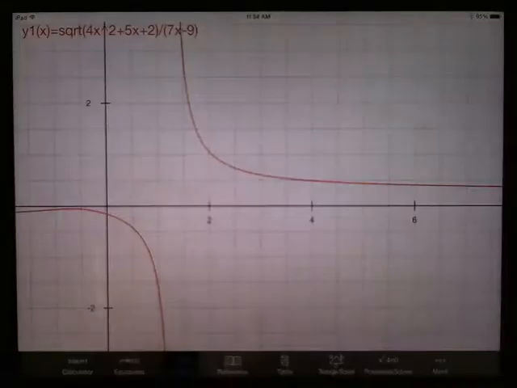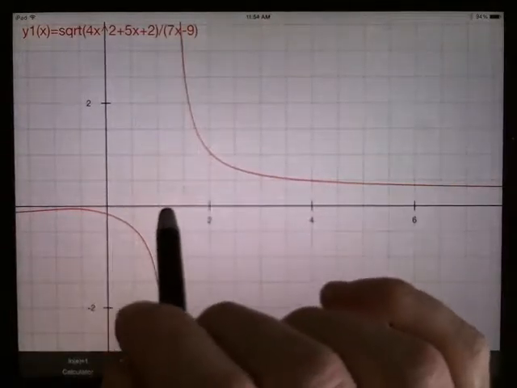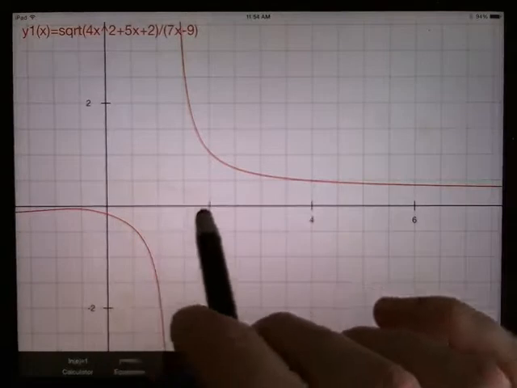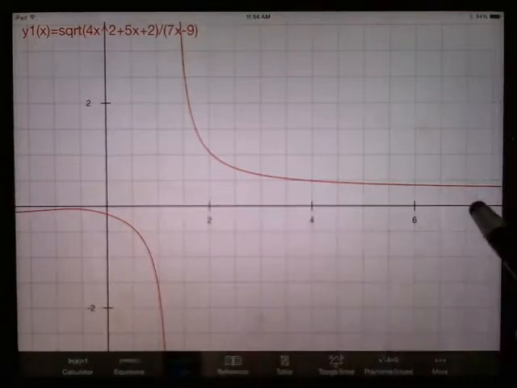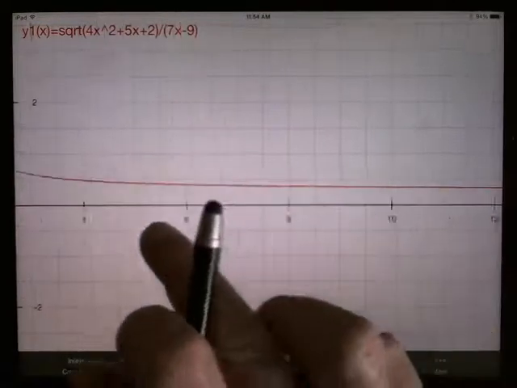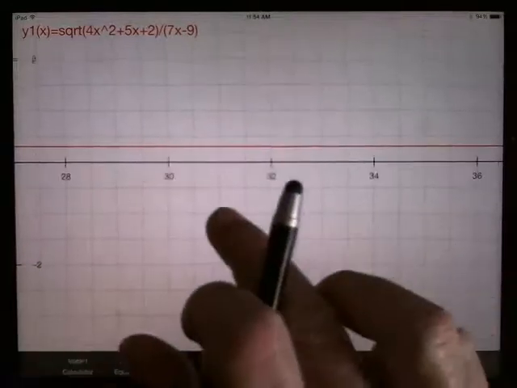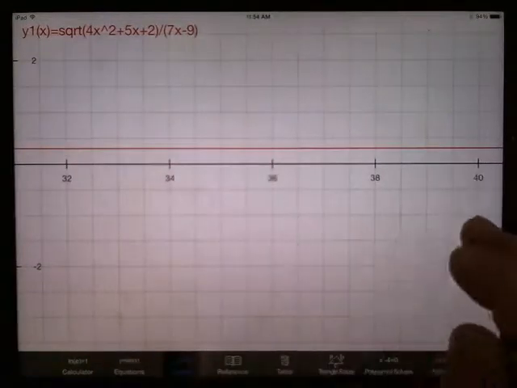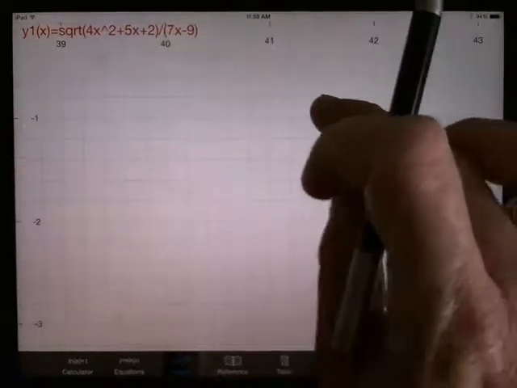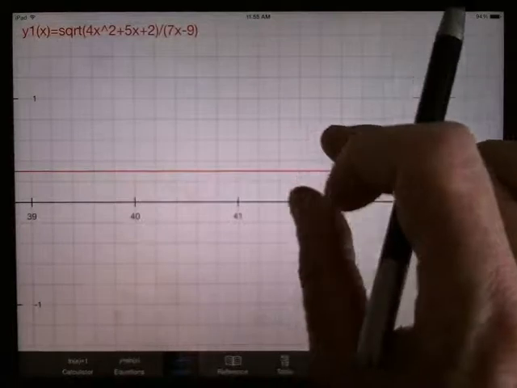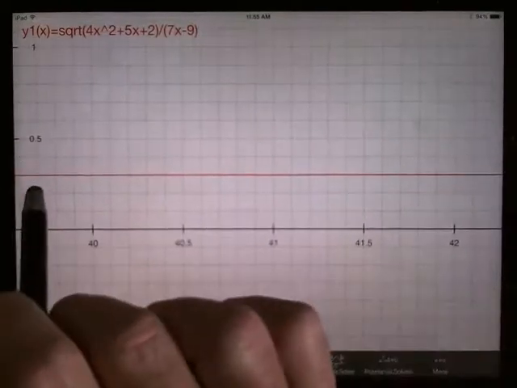Now, let me draw a graph of this thing. So here's the graph. Notice there's a vertical asymptote at 9/7. But we're looking at what's happening as x is going to infinity and minus infinity. So as I keep sliding this way, it almost looked like maybe it was headed down to get close to the x-axis, but it doesn't. It's staying away from the x-axis here. If I zoom in, there's 0.5.